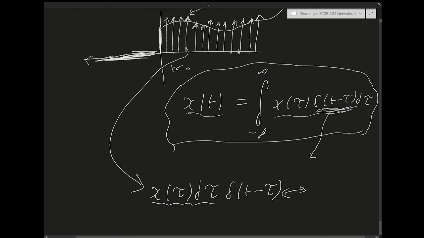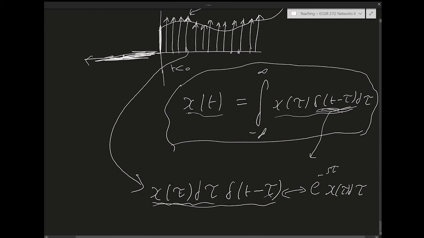What's the transform of delta? It's 1, but this shifted by tau, so we multiply it by e minus s tau. That's the translation property times the constant, which is x tau d tau. Okay, so this is the transformation of a single impulse or a single Dirac delta function.